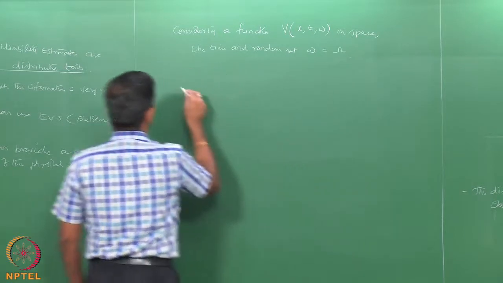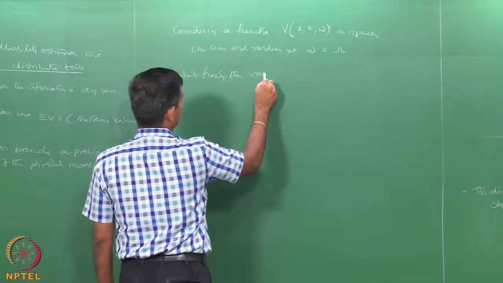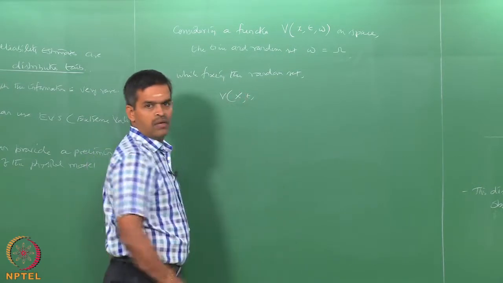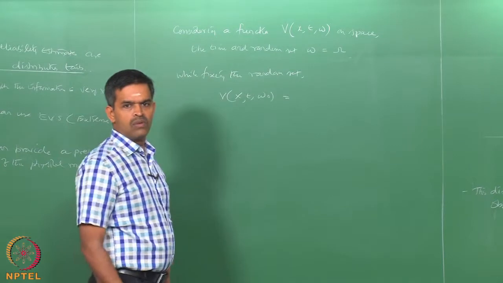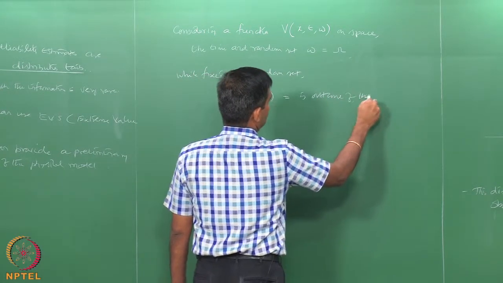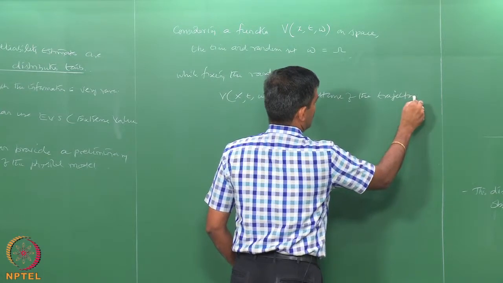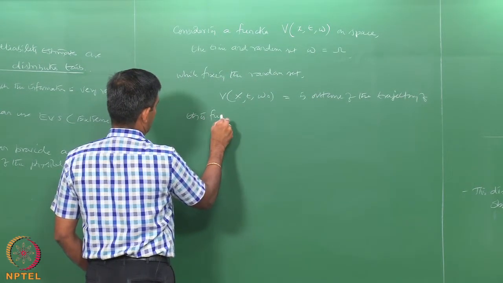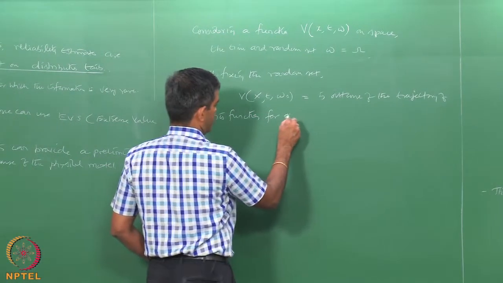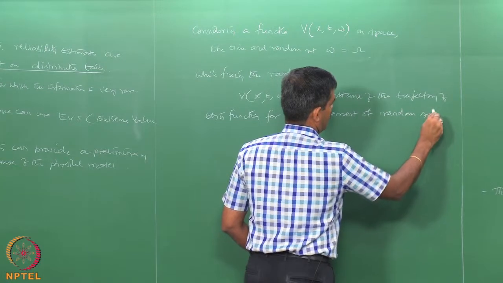Therefore, while fixing the random set, one can say v of x, t, omega naught is equal to the outcome of the trajectory of this function for a fixed element of random set. Okay.